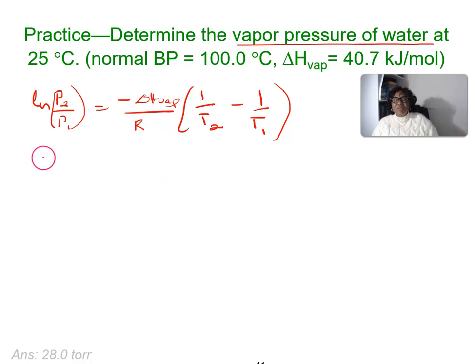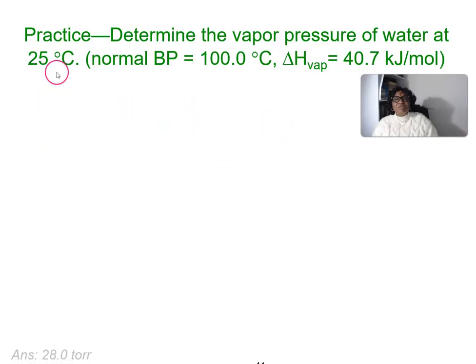The equation is Kelvin equals degrees Celsius plus 273.15. So please use this equation to determine the vapor pressure of water at 25 degrees Celsius.